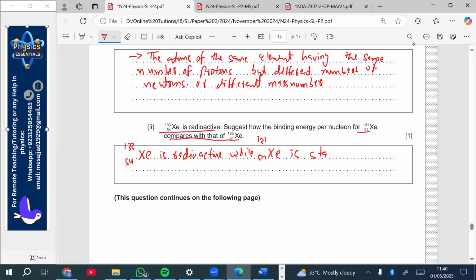So which one is stable always? That means Xe 131 (54) has more binding energy per nucleon, therefore it is more stable. Okay.